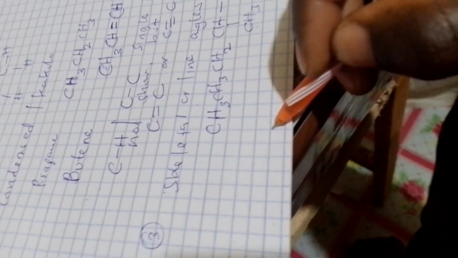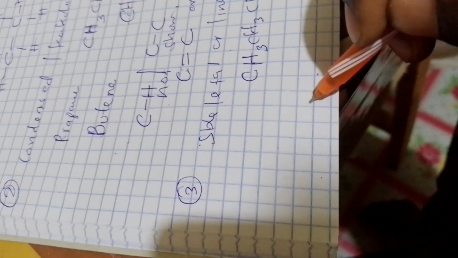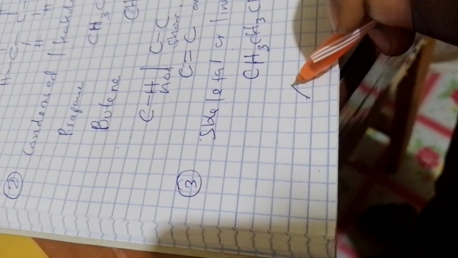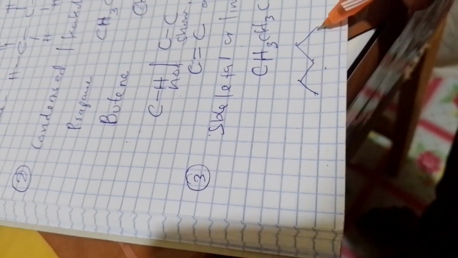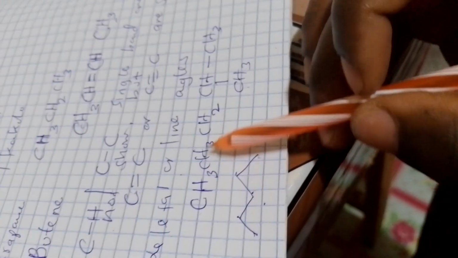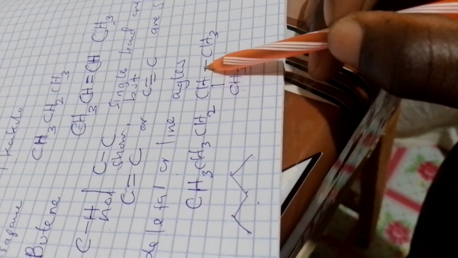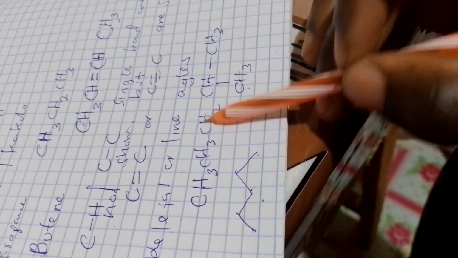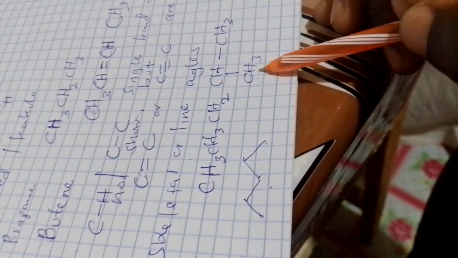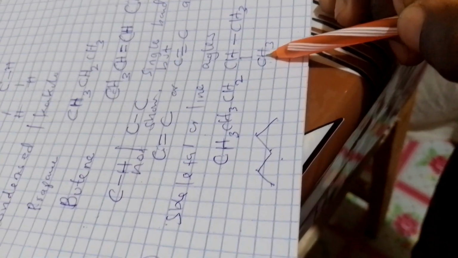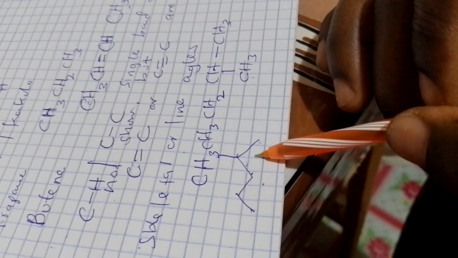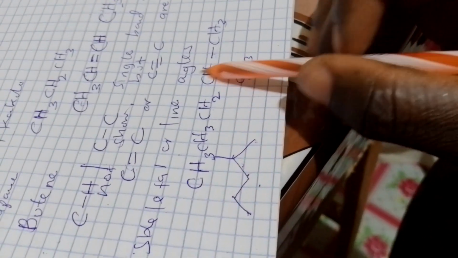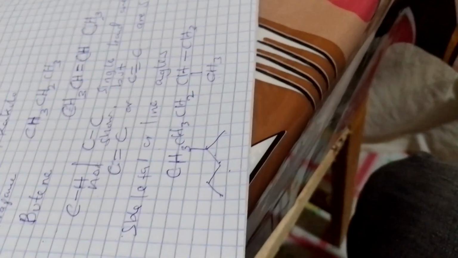So we will begin by drawing those carbon atoms, 1, 2, 3, 4, 5. Then at the 4th carbon atom, there's a branch of methyl there. So this is the skeletal structure representation of an organic molecule.